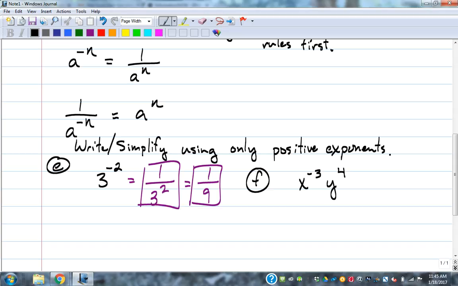Which one needs to move? The x, because the y is already positive, so it doesn't need to move. Where does the y to the 4th stay? At the top. The x to the 3rd moves to the bottom and becomes positive. And that's all there is to that one. There wasn't anything else we could do for that.